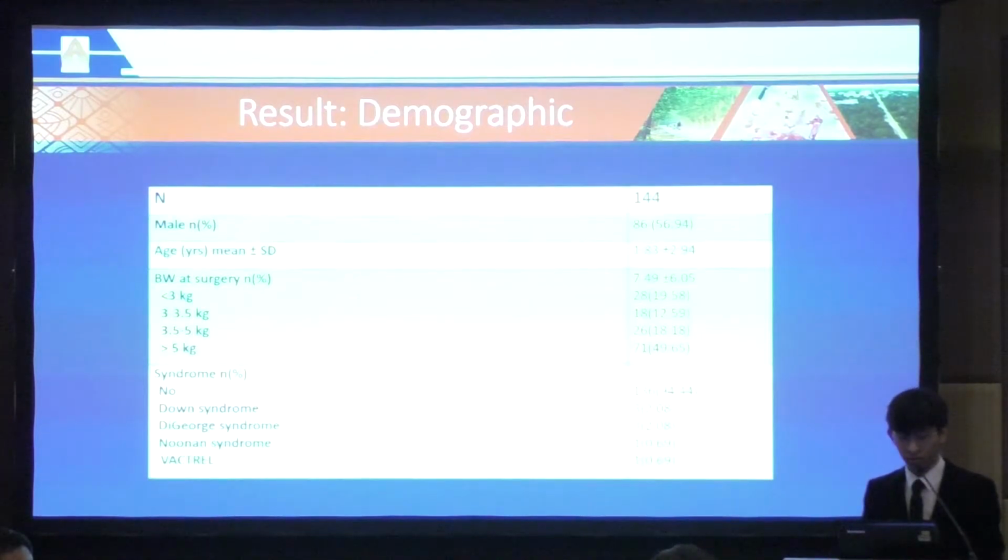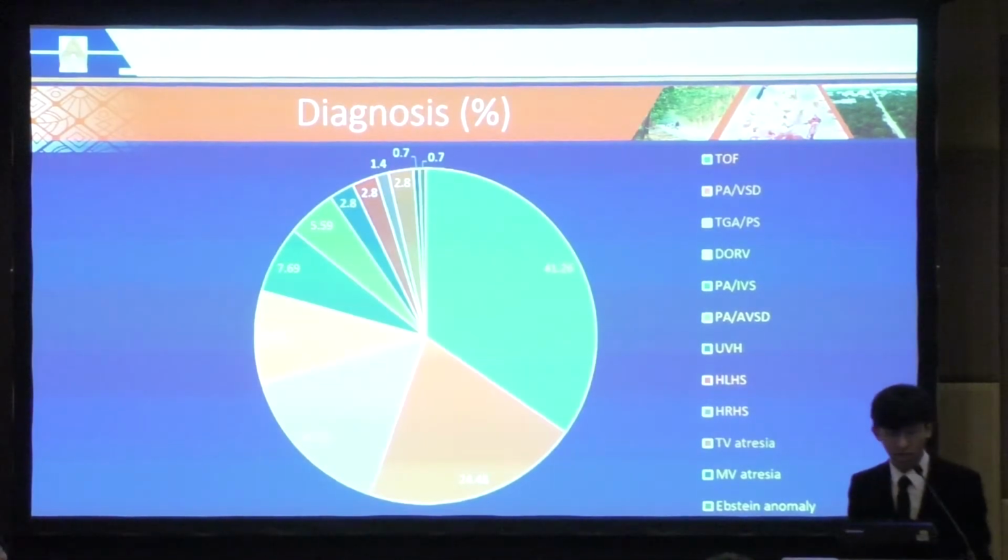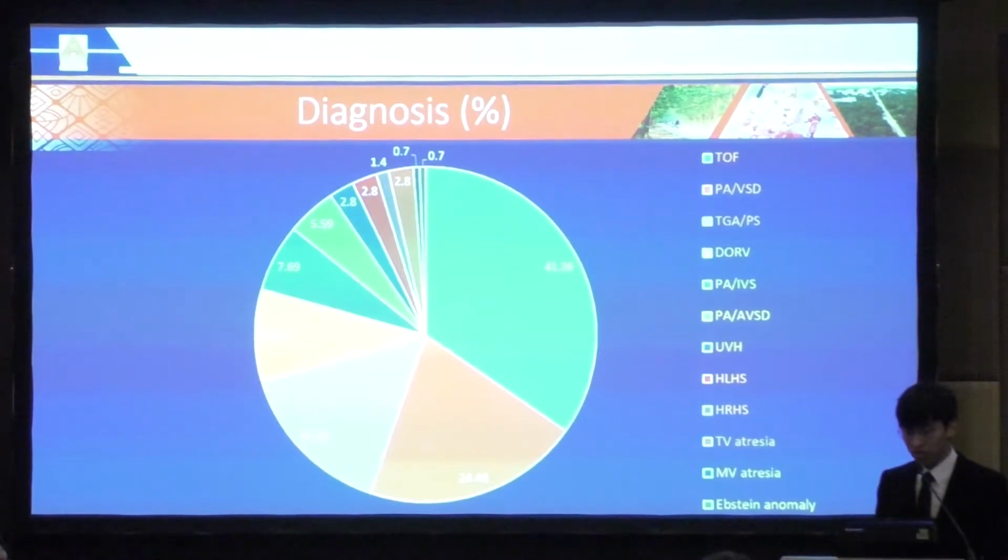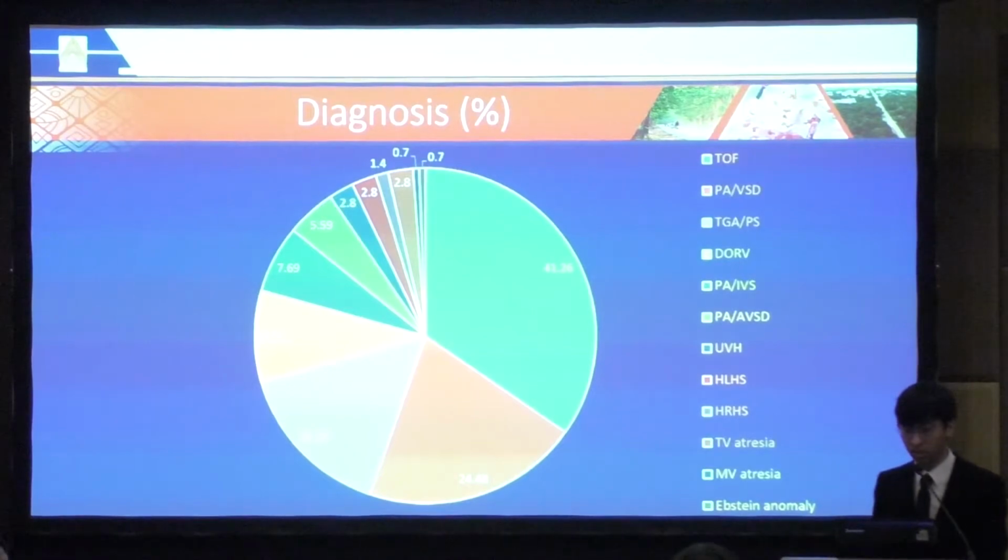In the first group, body weight less than 3 kg is about 20%, 3 to 3.5 kg is 12%, 3.5 to 5 kg is 18%, and more than 5 kg is 49%. Most of the patients had no associated syndromic disease. The top 3 diagnoses were Tetralogy of Fallot, pulmonary atresia with ventricular septal defect, and transposition of the great vessels with pulmonary stenosis.